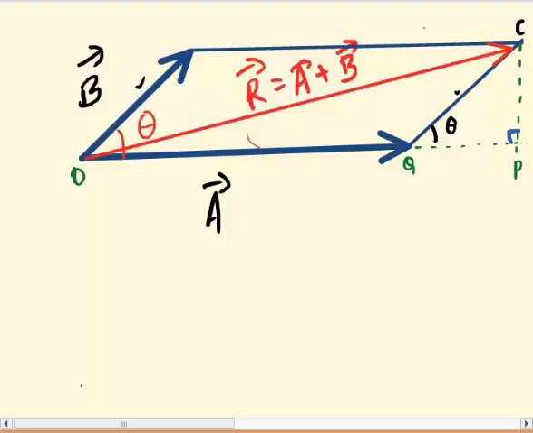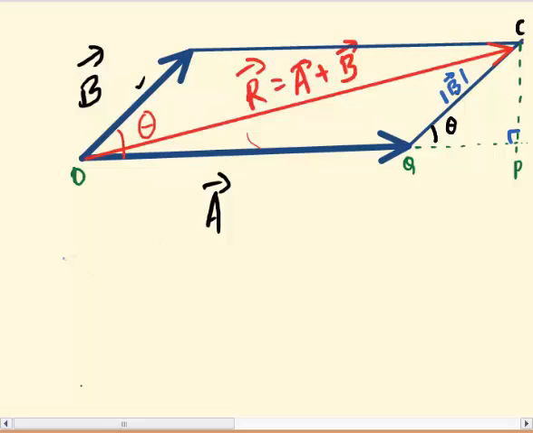Now, given the length of this arrow is modulus of B, we can say the length of this line will be equivalent to modulus of B, which also happens to be the hypotenuse of triangle CQP.